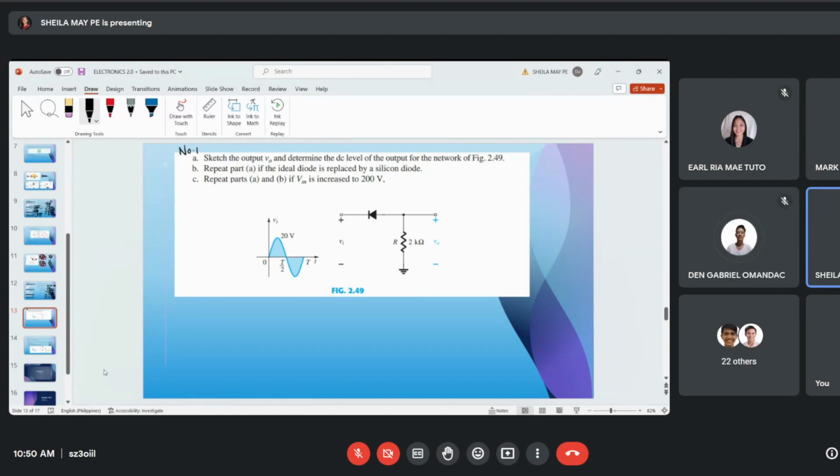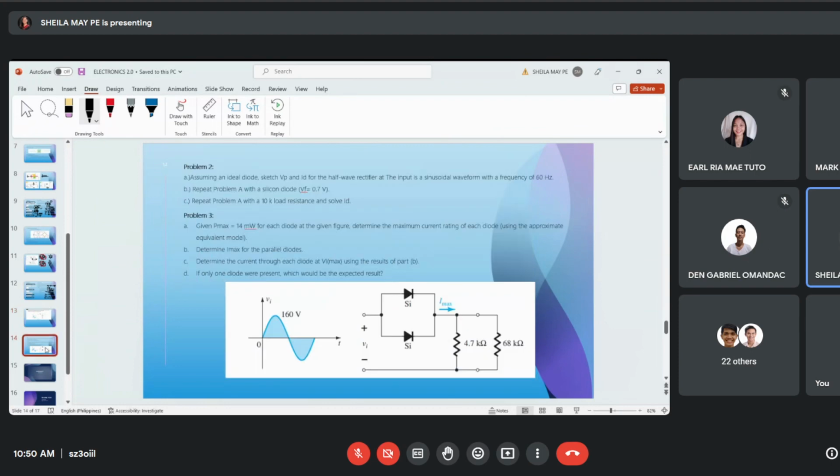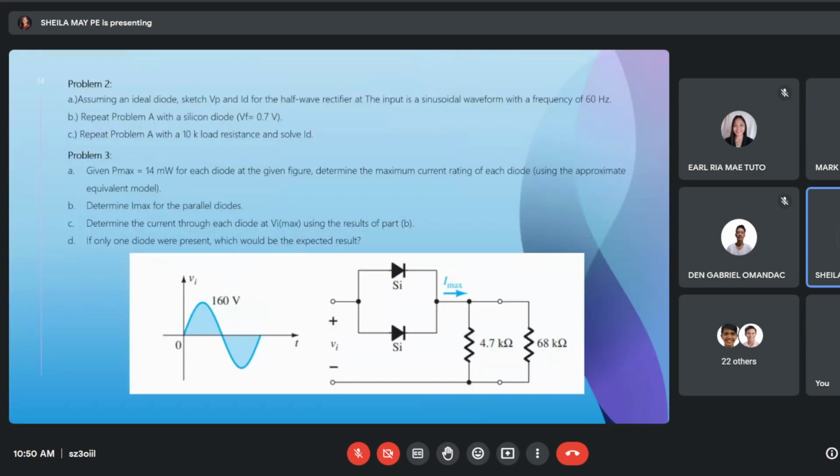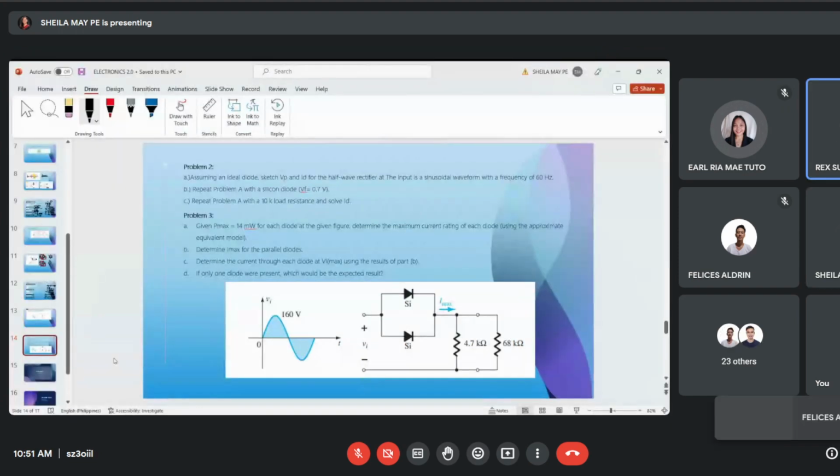Screenshot? Miss, pwede isang PDF, miss.